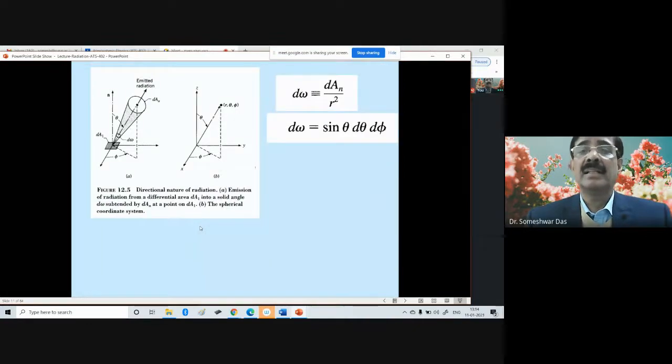Then there are further some geometrical concepts, like the emission of radiation from a differential area dA1.